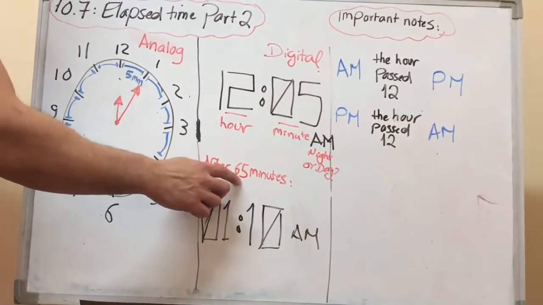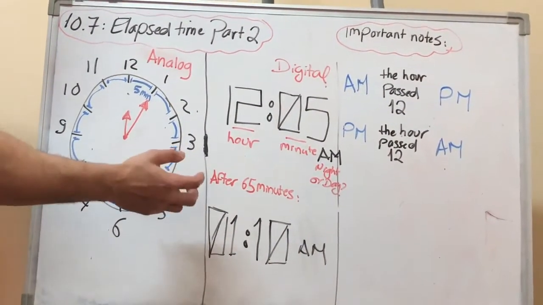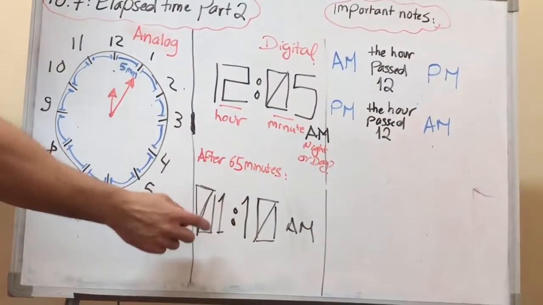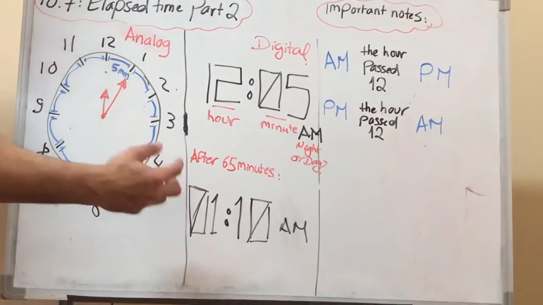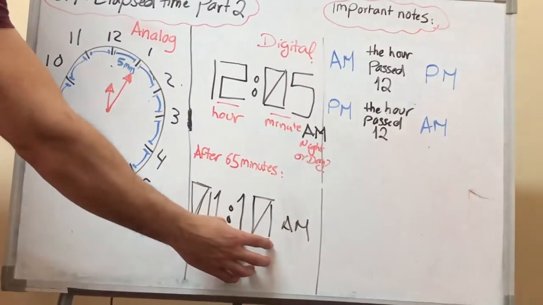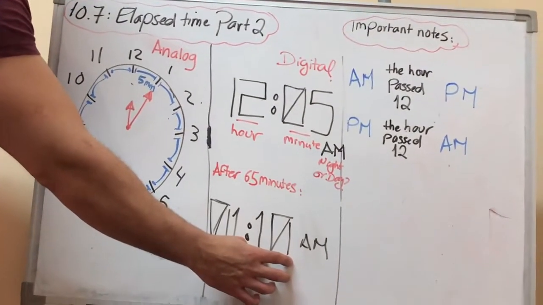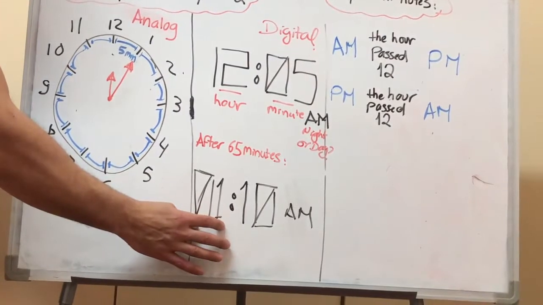But here I have 65 plus 5, which is 70. I'm going to take 60 out of them and put them in the hour part, and put the rest here. If I take 60 out of 70, I get 10. So it's 10 in the minute part, and it's 1 in the hour part.